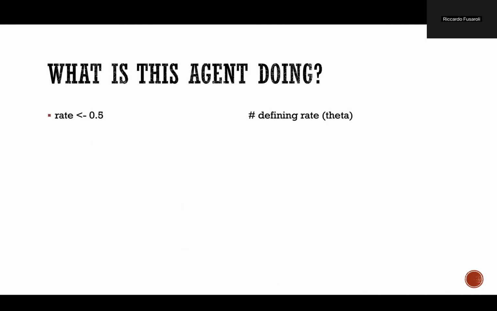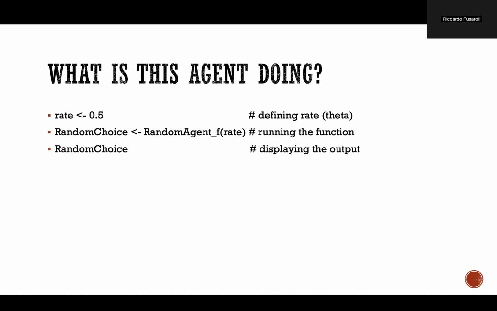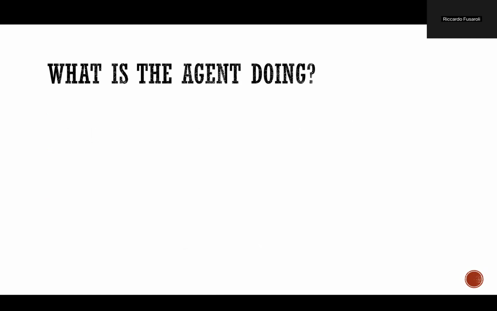We give it a rate, theta, or bias. It's called in many ways. I'll try to keep constant and use rate, both in the course notes and here, after many, many complaints that I was shifting things between channels. So we have that random choice is the product of the random agent function with the rate that we just defined. And then we can display it.